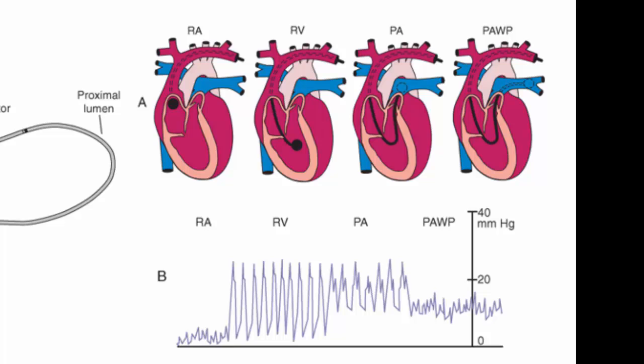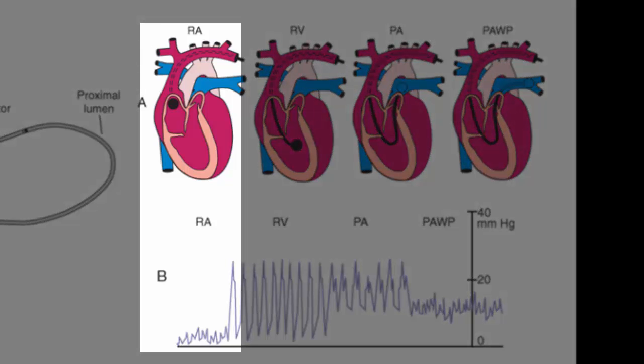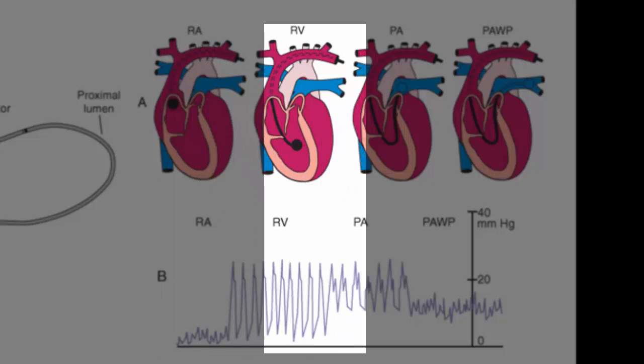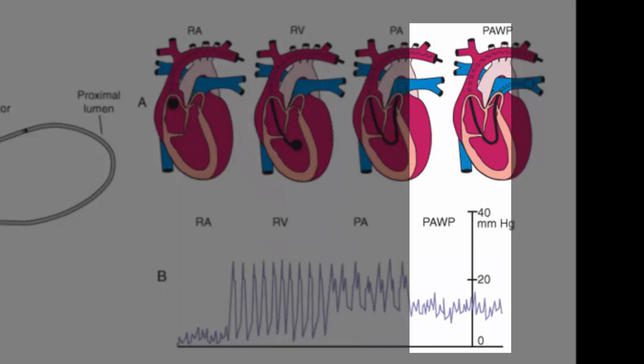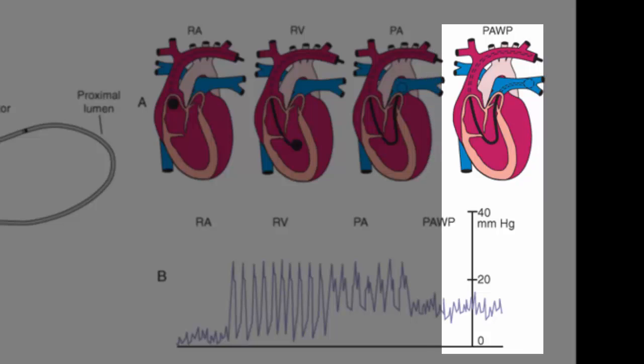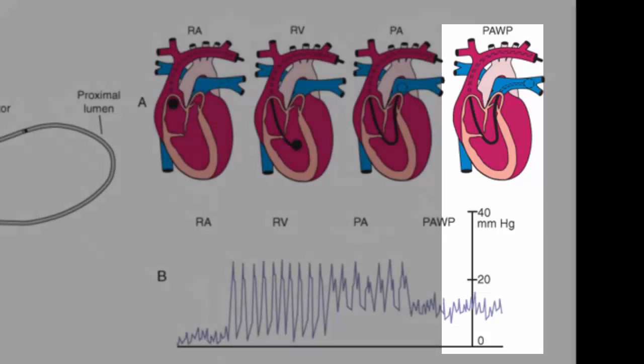And so the blood flow just kind of pushes that balloon through the heart. And so you leave the balloon inflated, you go through the right atrium, the right ventricle, and eventually you get into the pulmonary artery, where that balloon, still inflated, wedges into the pulmonary artery. And so that's what you see here in this tracing as it traverses through all of those chambers.